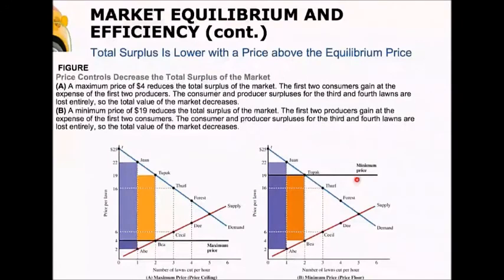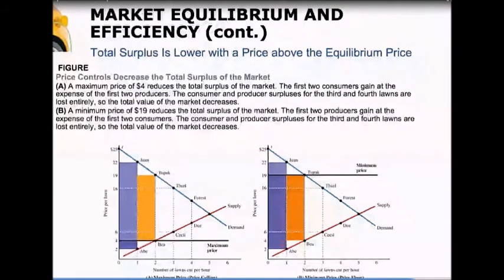If we'd set a price minimum or a price floor, we would see a similar situation. If the price couldn't go below $19, Juan and Tupac would still be willing to buy lawn mowing services, and Abe and B would still be producing it, but they'd just be getting a much higher producer surplus than they were before, and the consumer surplus for Juan and Tupac would have shrunk.